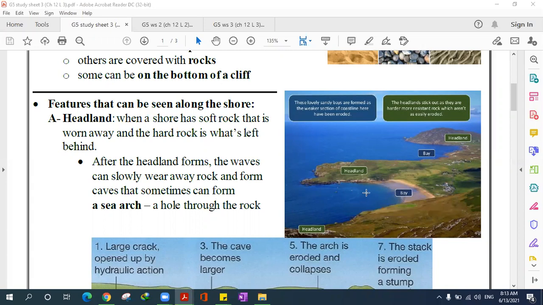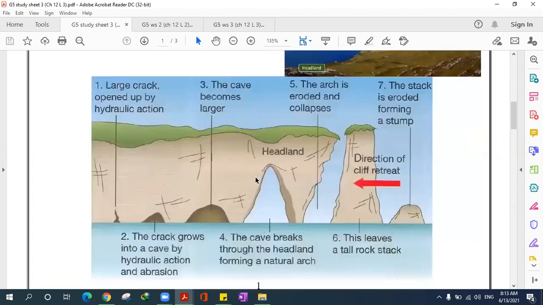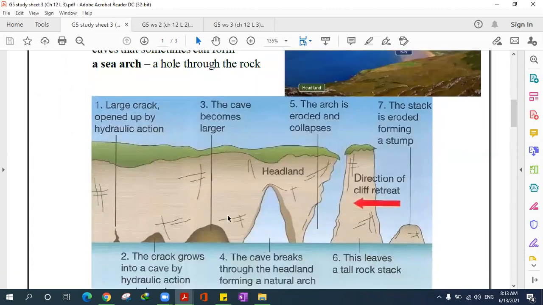So with time, as the water keeps breaking down this part of the shore, we are left with the headland, which is the hard part that is not yet broken down, while the soft part is broken down. That can happen to some parts of the headland, like this one here, and starts forming what we call a sea arch. Let me highlight it for you.